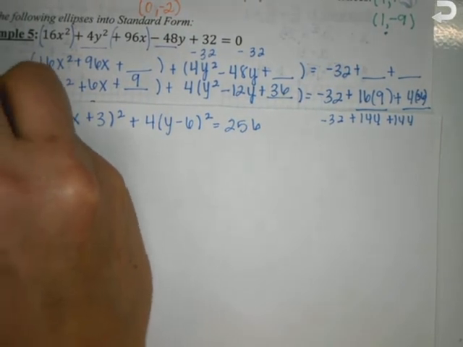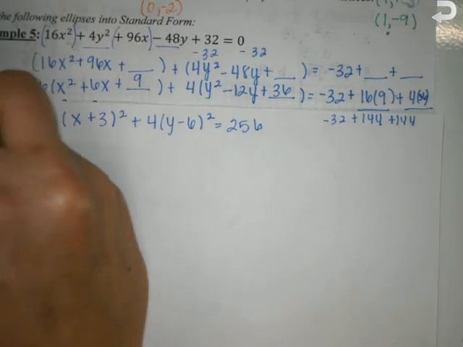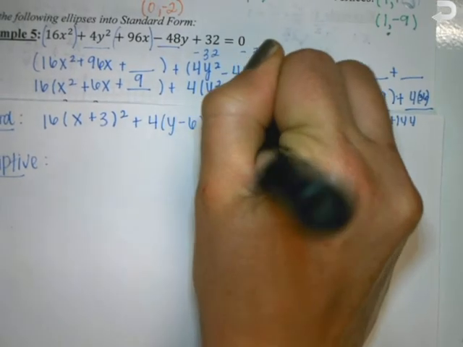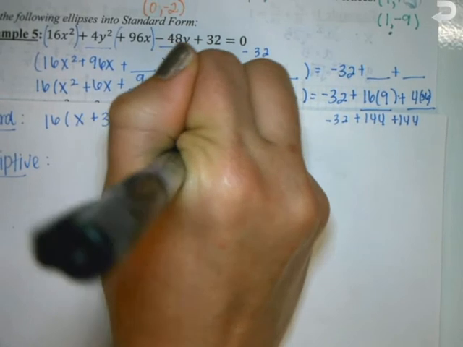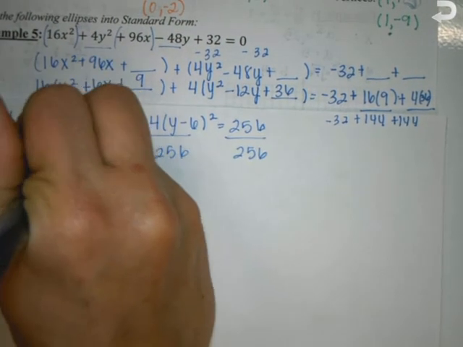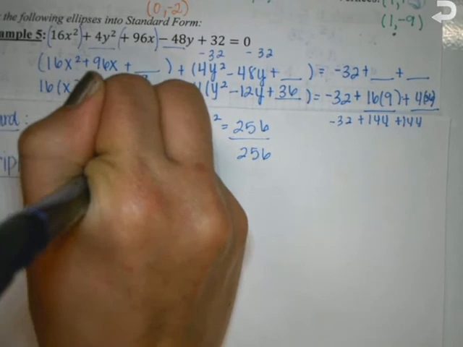And that is going to give me (x plus 3) squared over 16 plus (y minus 6) squared over 64, all of that equal to 1. Okay, so that's really where we want to go.